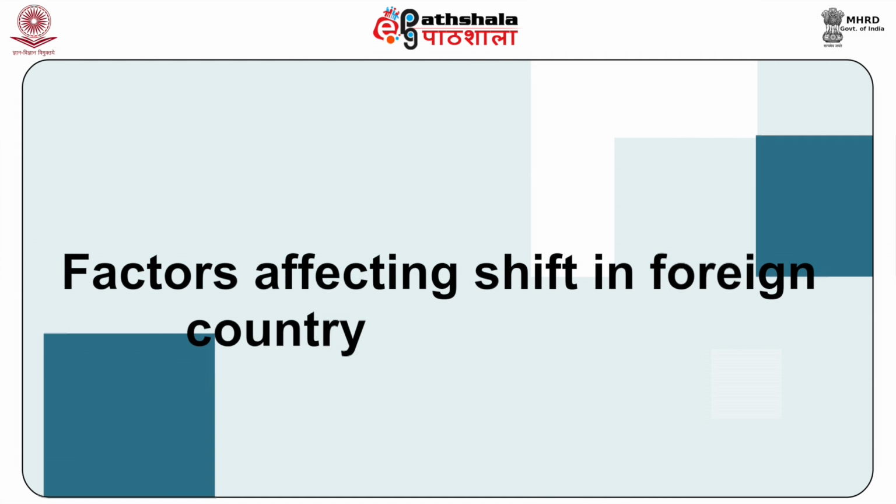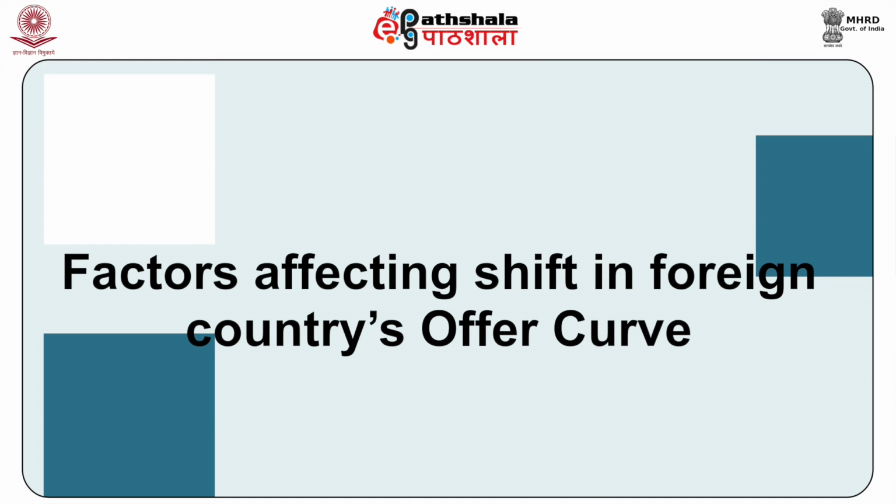Next, we will discuss factors affecting shift in the foreign country's offer curve. We assume that point H in the above figure maximizes the country's economic welfare with a given setup where the foreign country's offer curve OB rests in stability. But it is possible that the nation 2 offer curve may also shift its location from the original position of OB.